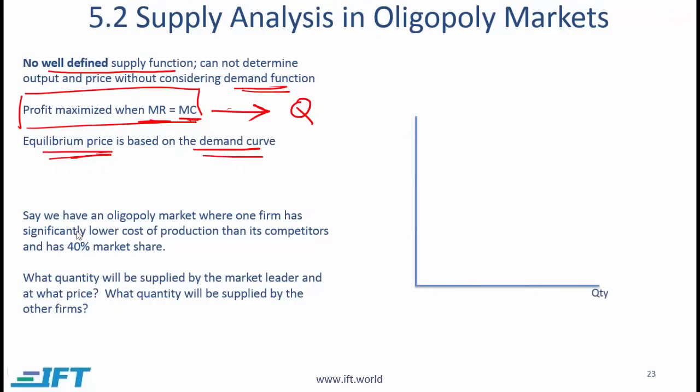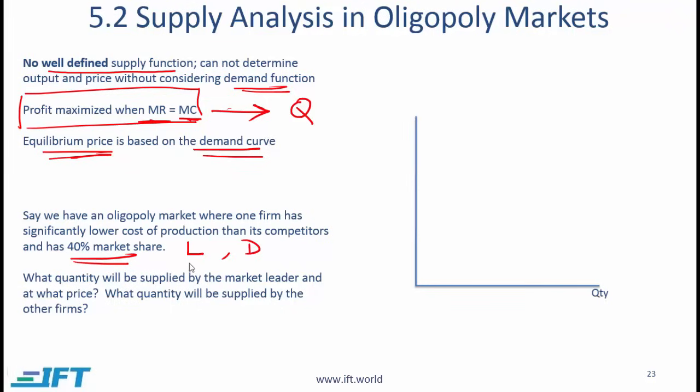Let us consider an example. Say we have an oligopoly market where one firm has significantly lower cost of production relative to its competitors. And let's say that this firm, which is sometimes called the leader or the dominant firm, has 40% market share.